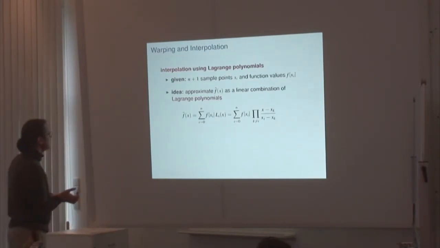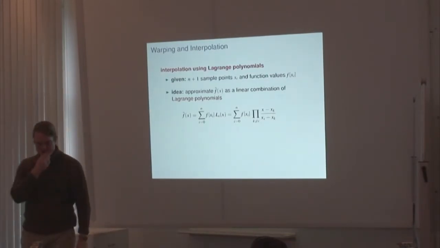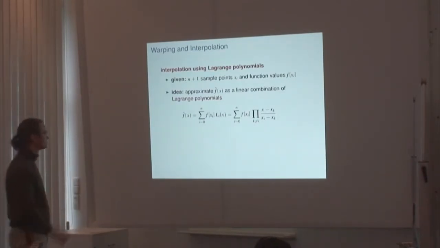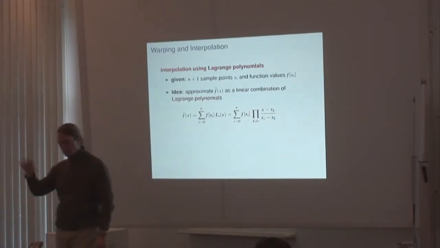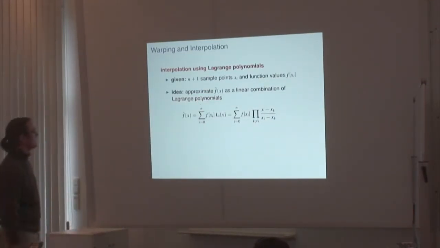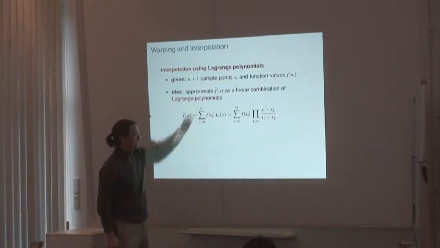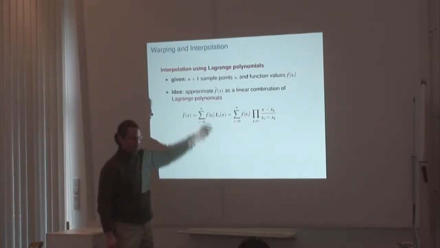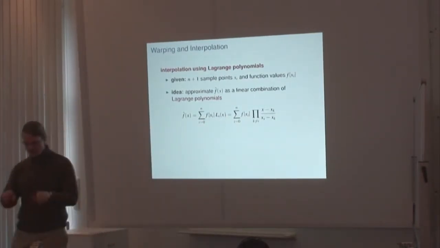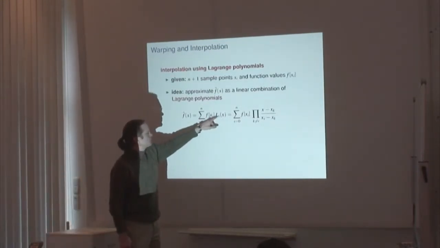That is to say, if we are given, say, n+1 discrete coordinates, xi, and the corresponding function values, we may compute this interpolation function f hat as a linear combination, that is, we sum from i equals 1 to n, using Lagrange polynomials, which is to say we multiply the given discrete function values with these crazy polynomials Li.